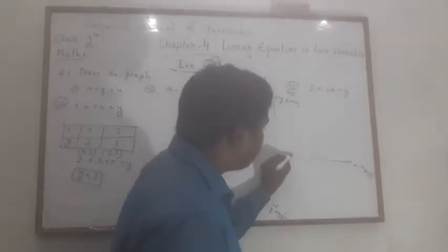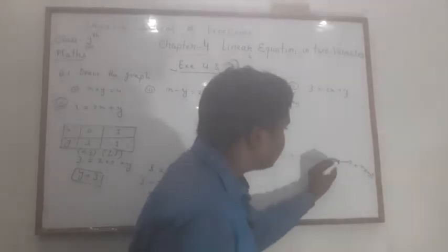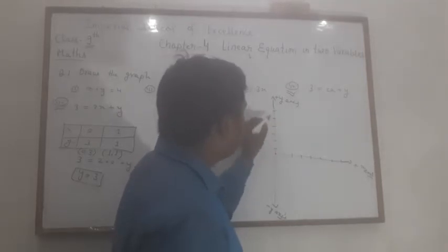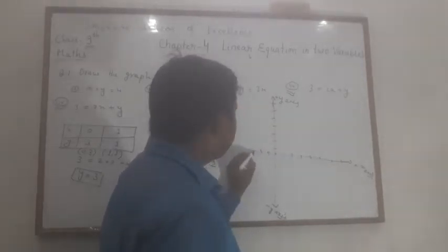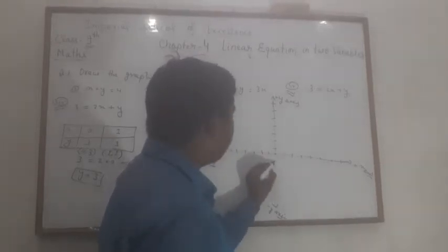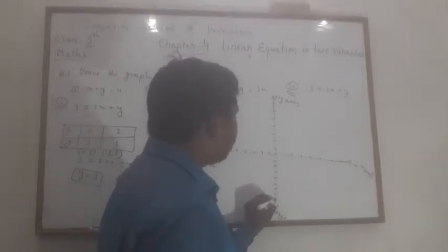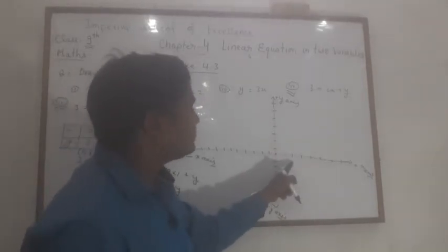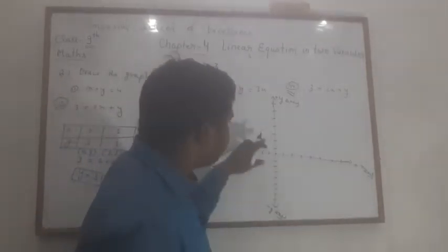This is 1 2 3 4 5 6 7, and this is 1 2 3 4 5 6 7, 1 2 3 4 5 6 7 8 9 10. So these are the markings on your graph sheet. This is minus 1, this is plus 1, this is the plus side, this is the minus side.